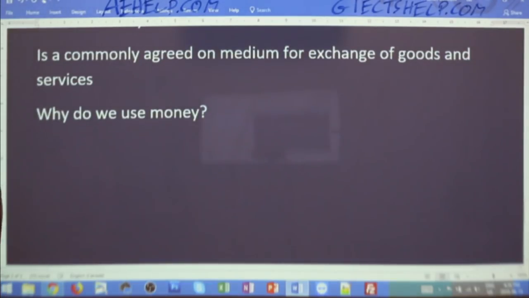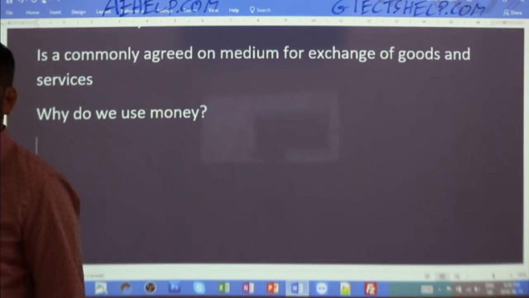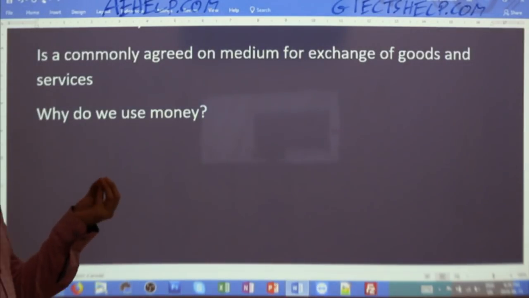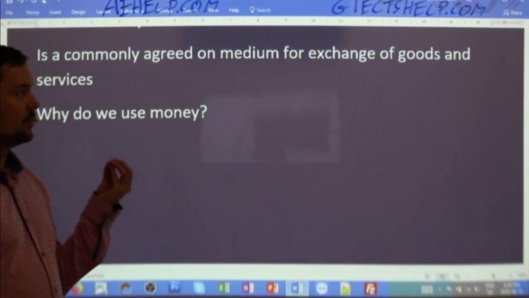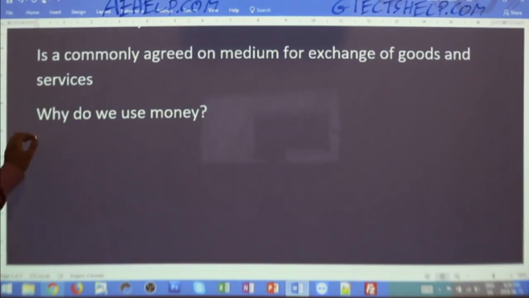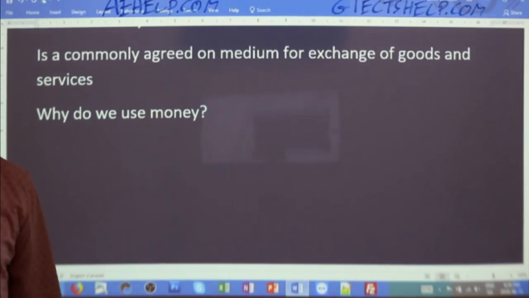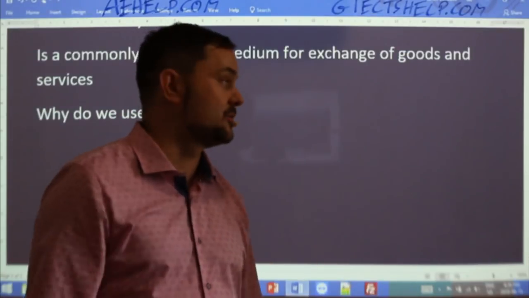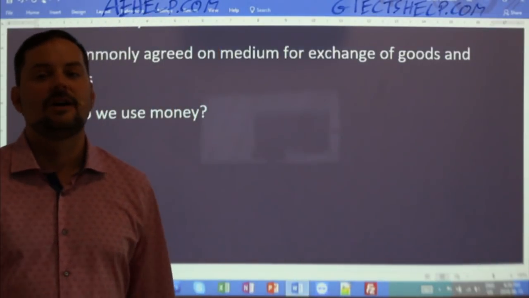Sure. Why do we have money? So I kind of gave you the answer in the definition of money. So money is anything with a symbolic value that many people agree has that value, so it can be exchanged for goods and services. Why do we use money? Why don't we still today trade our chickens for cows or our cows for houses and so on?